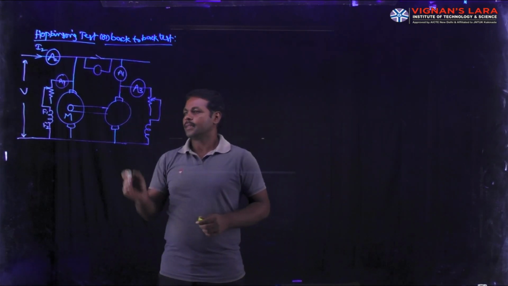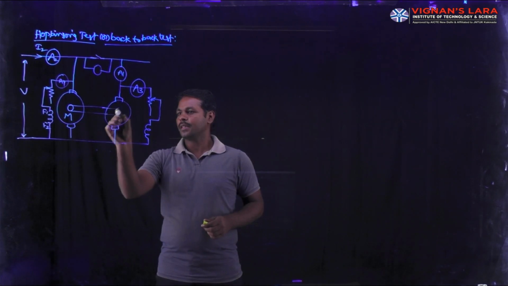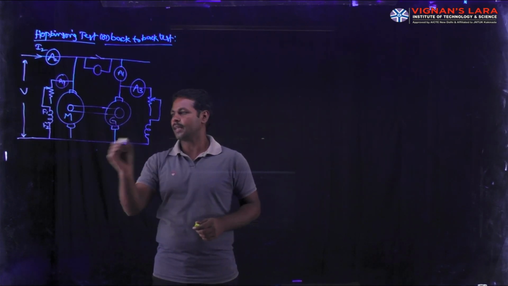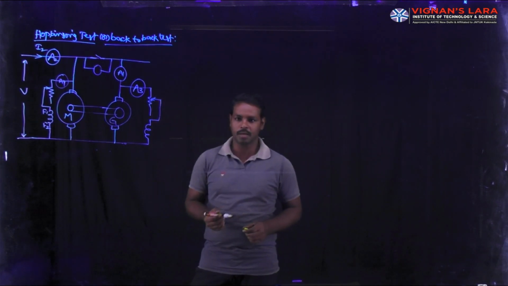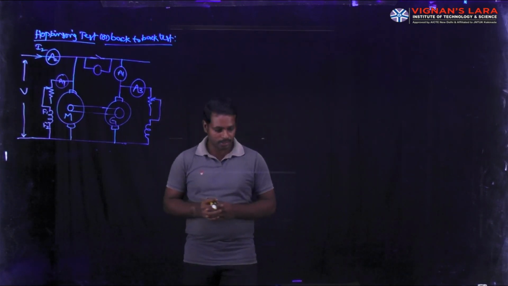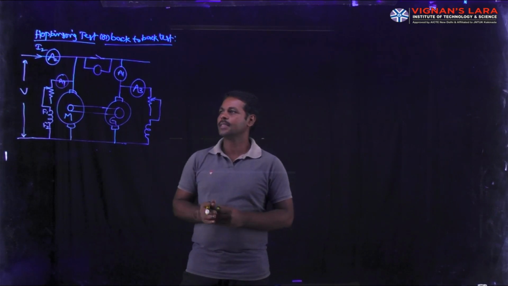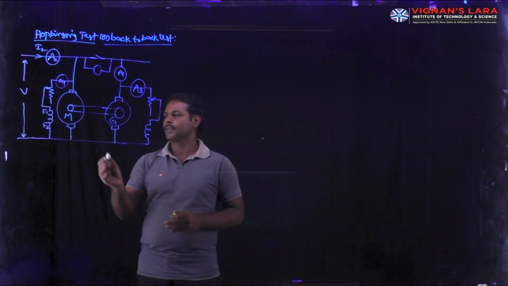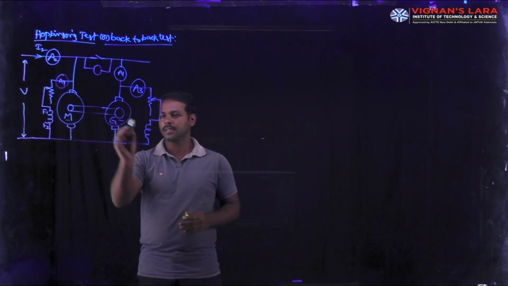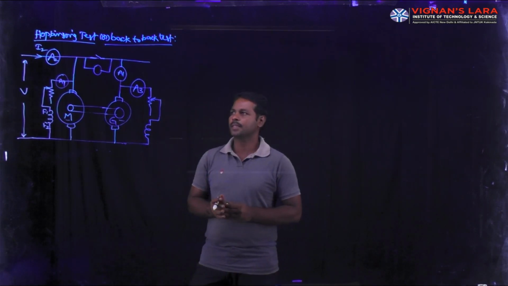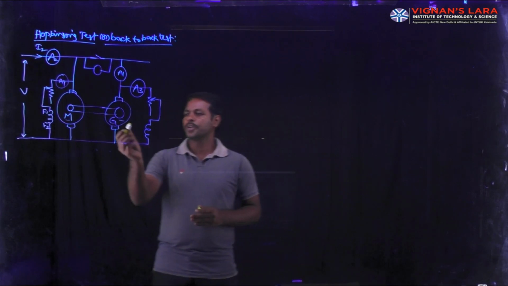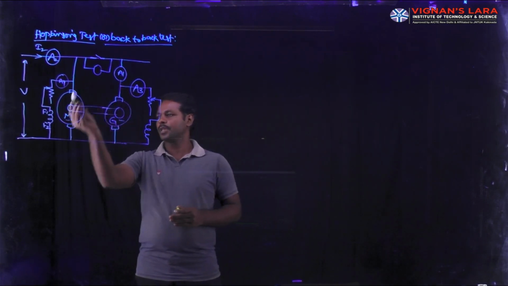In this back-to-back connection of the two machines, one is the generator and another one is the motor. Back-to-back test means the output of the generator is directly fed back to the motor.